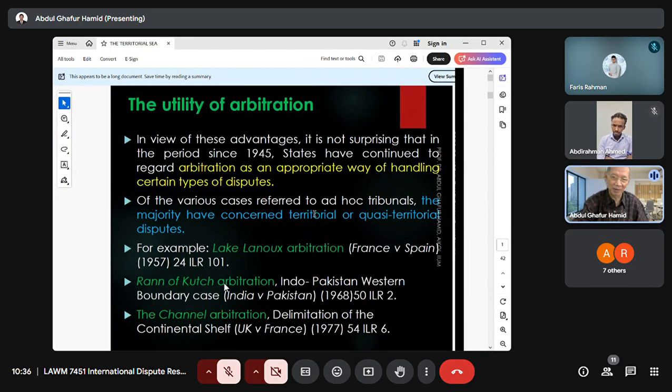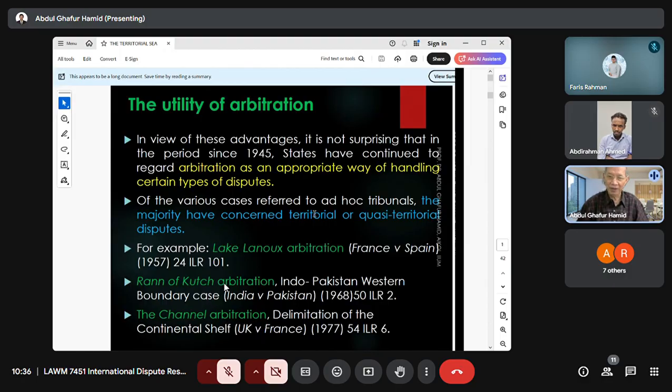I will give a few examples here. Very famous territorial disputes that went to arbitration. First, the Lake Lanoux arbitration, France versus Spain. Second, the Rann of Kutch arbitration, India and Pakistan, a decision on the west boundary between India and Pakistan.